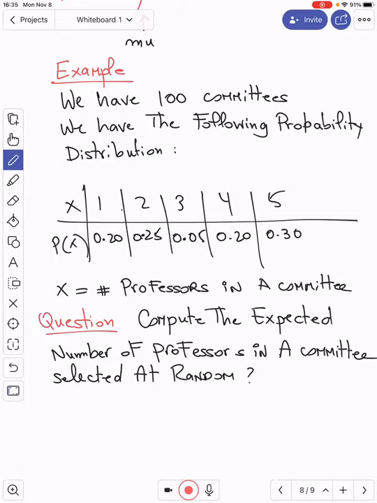Again, we have 100 committees, and you pick one committee at random. What's the number of professors that you expect in the committee?